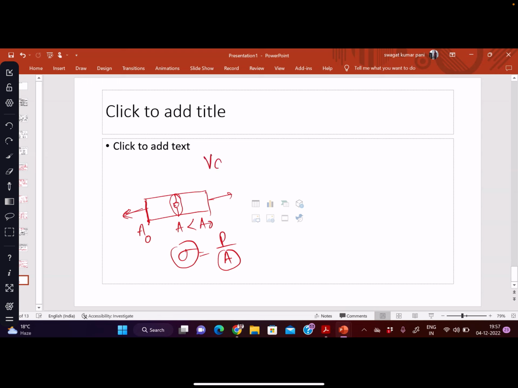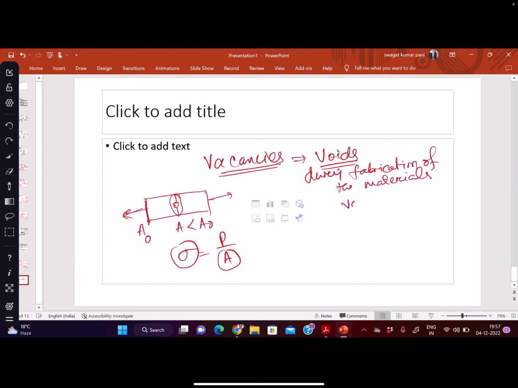Vacancies here, in the sense, we're not talking about atomic vacancies. Maybe this is mainly the voids, like from fabrication of the material. If some defects are there, like voids, porosity, these are there. So I'm talking about this. Usually vacancies can't affect much.